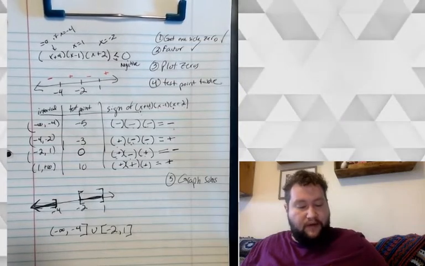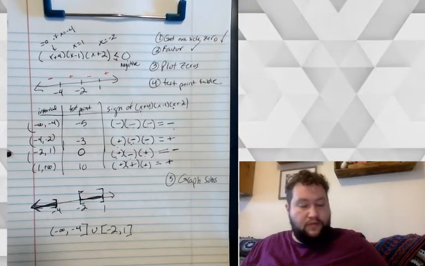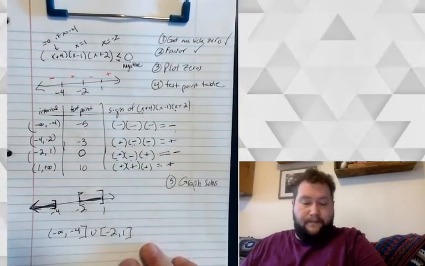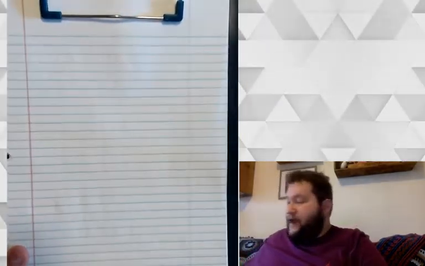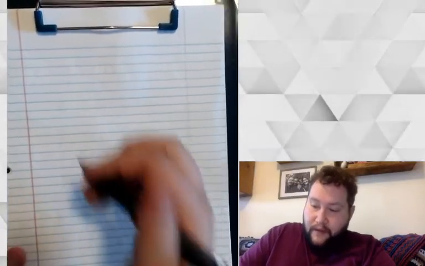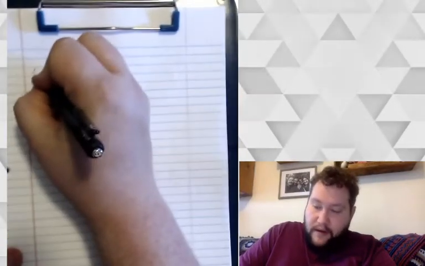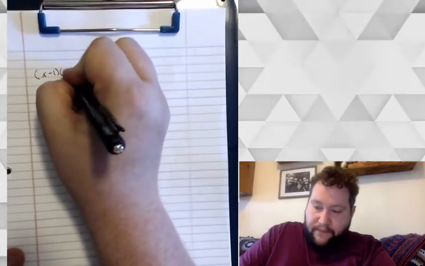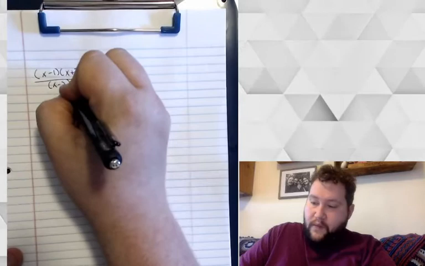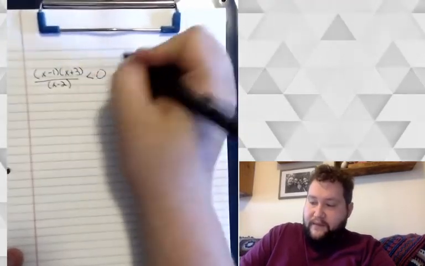And so we'll go ahead and look at just 2 more examples. One where we have a fraction but we don't have to factor, and then one where we do. So if I have x minus 1, x plus 3 over x minus 2, when is that negative?